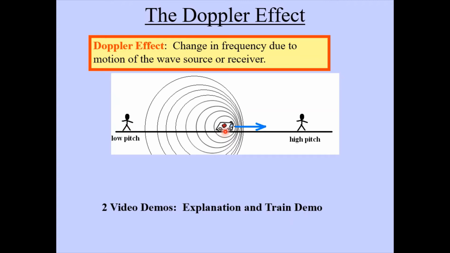Because what's happening is, as the sound source here is moving towards this observer, the truck is basically chasing its own sound waves, and they tend to bunch up closer together, resulting in a higher frequency.